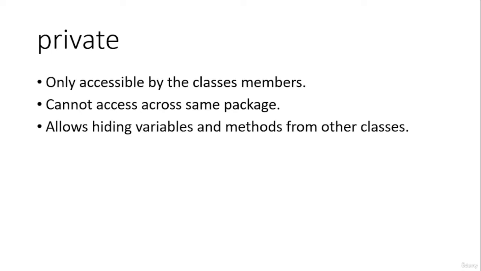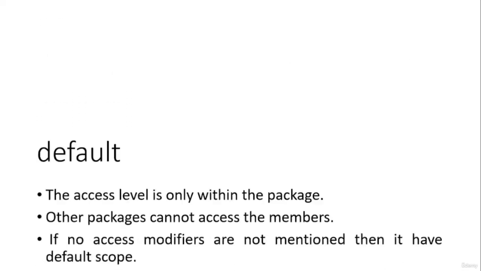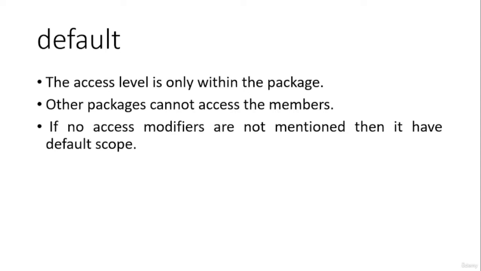Now let us discuss the other type. The second type is default. Default means if you don't provide any access specifier to your variable or method, then it will be considered default. The specialty about default is that it is accessible throughout the package.